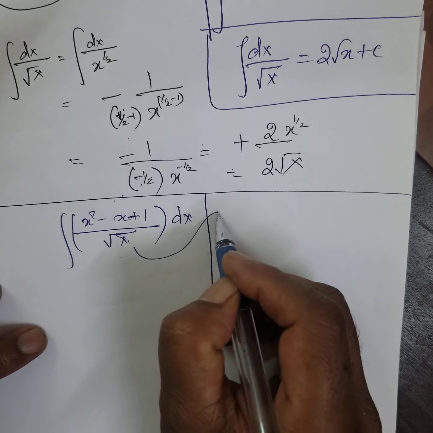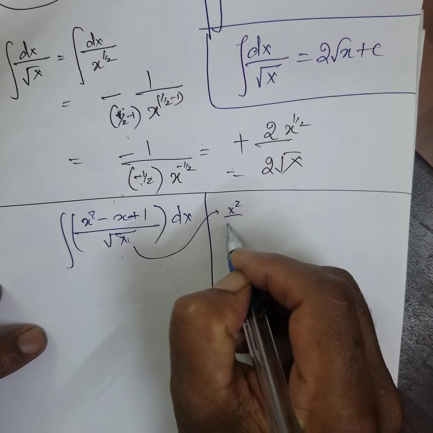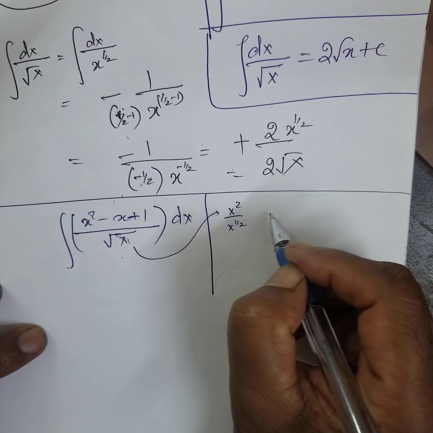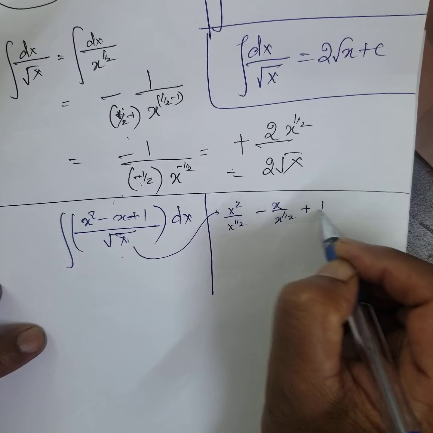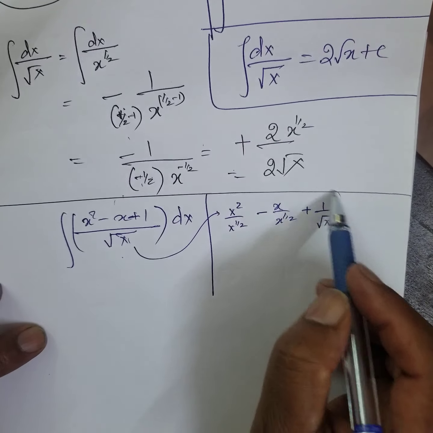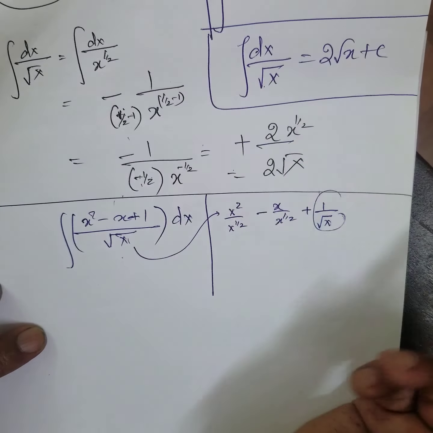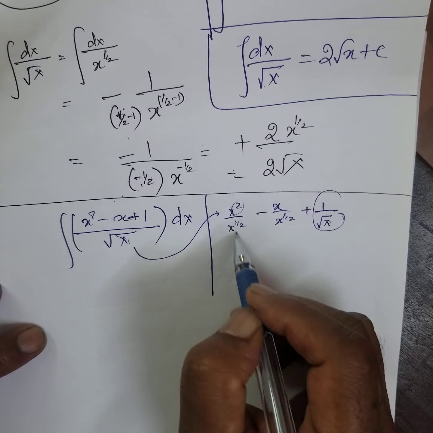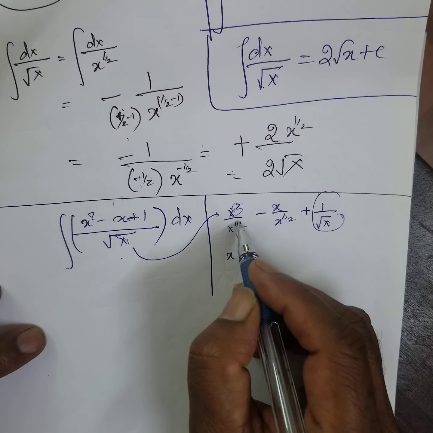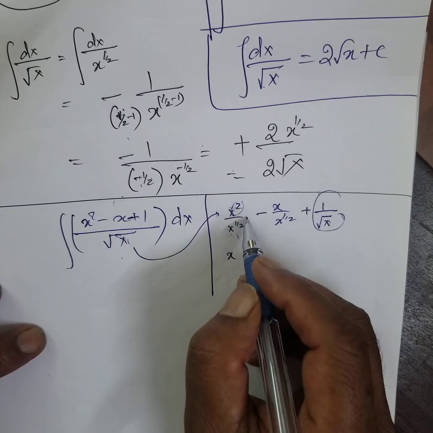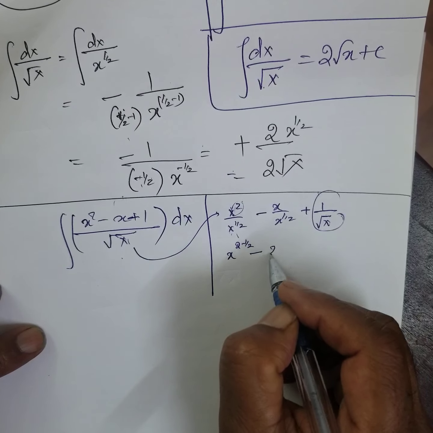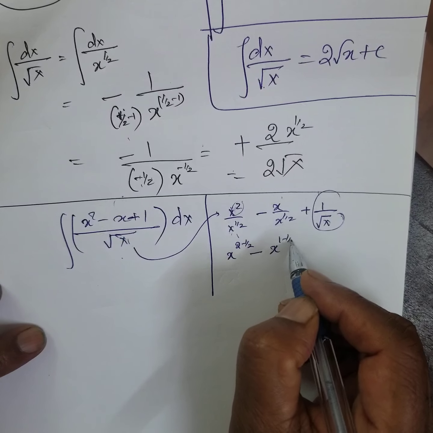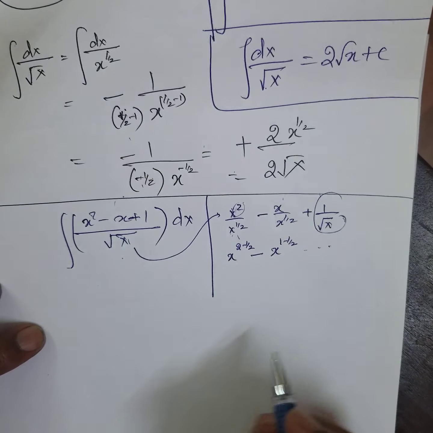Better simplify here. x square by x to the power of half, then x by x to the power of half, plus 1 by root x. I can retain it because I can use this. Here the bases are same, powers are different: x to the power of 2 minus half, here x to the power of 1 minus half. This leave as it is.